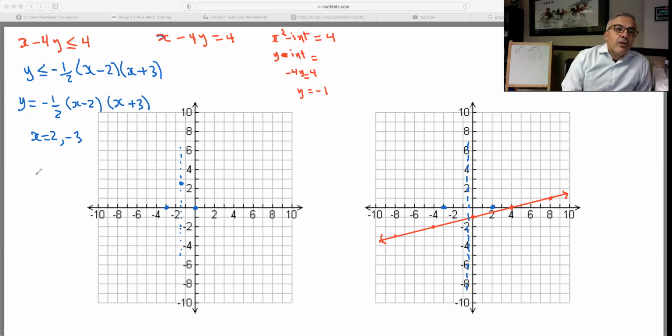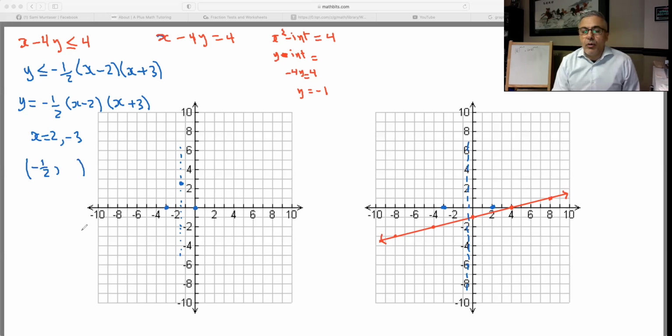So to find the vertex, you know that the x value is going to be at -0.5. We need to find out what the y value is for the vertex. So this is P, and then we need to find out what Q is. To find out what Q is, just sub in the -0.5 in the equation right here.